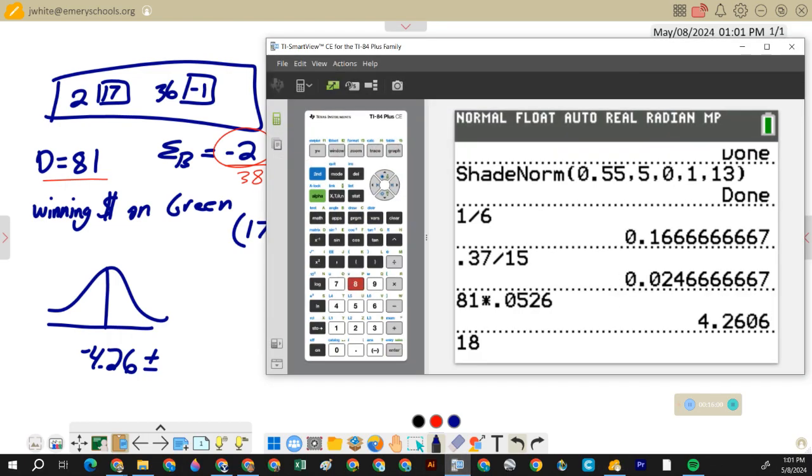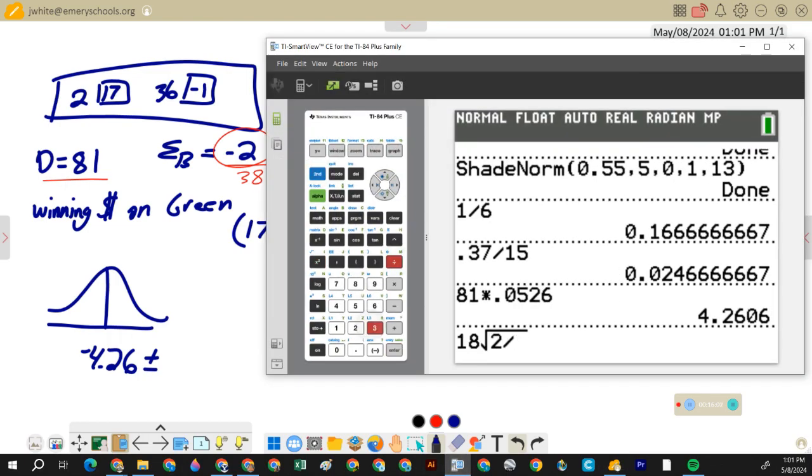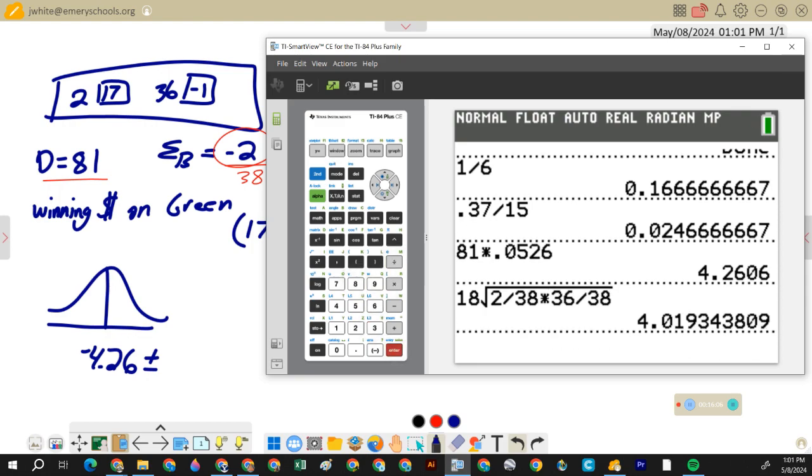So my SE is 4.02. And I want to know my chance of winning money. So I put a 0 right here, and I want to shade to the right. Okay. But I have to be a little bit careful here.